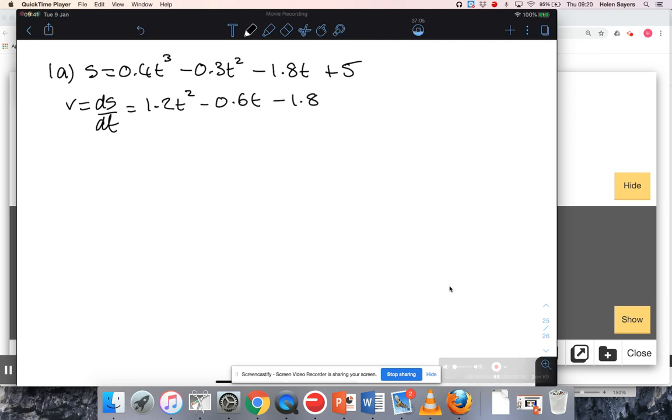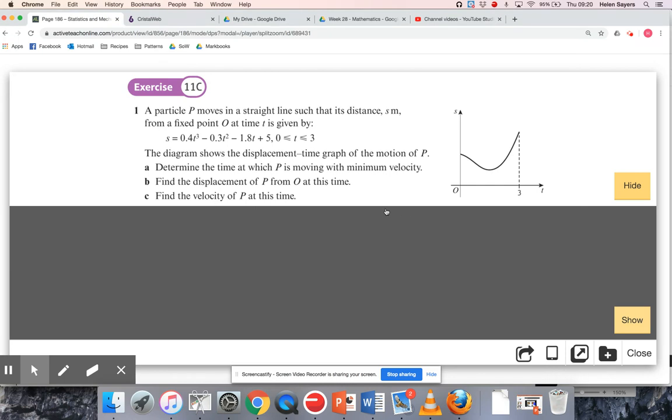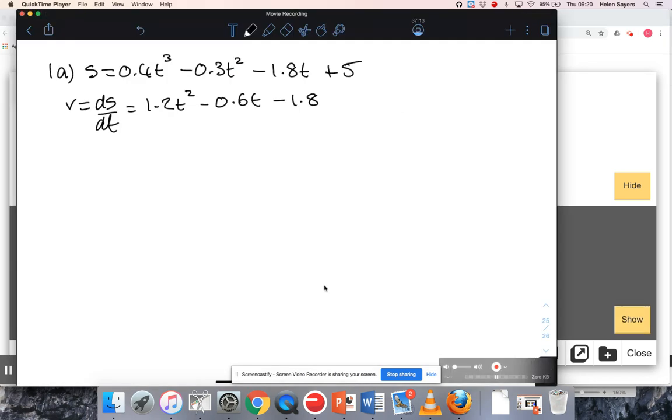And I want to know when the velocity is a minimum, so that's going to be where velocity has a stationary point. So I'm going to differentiate velocity, which gives 2.4t minus 0.6.